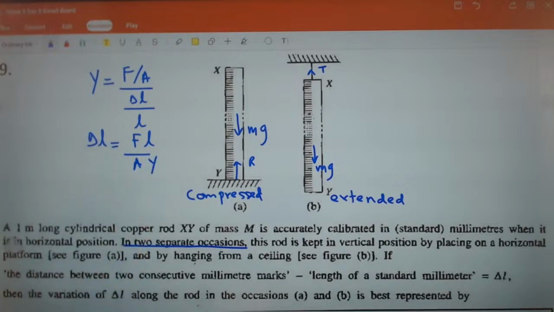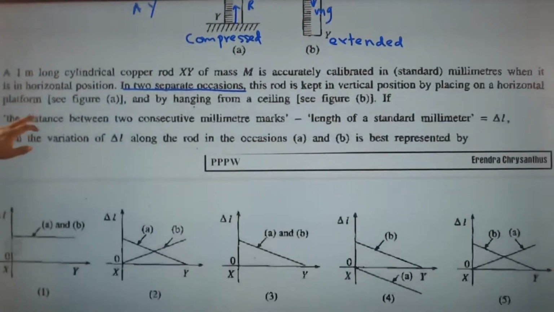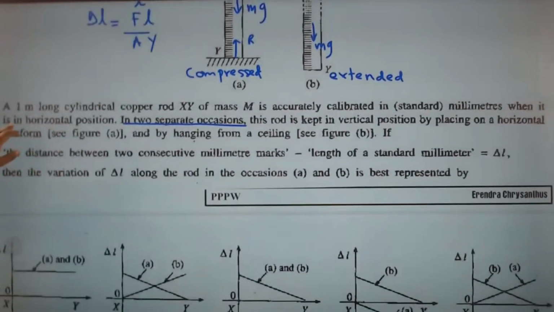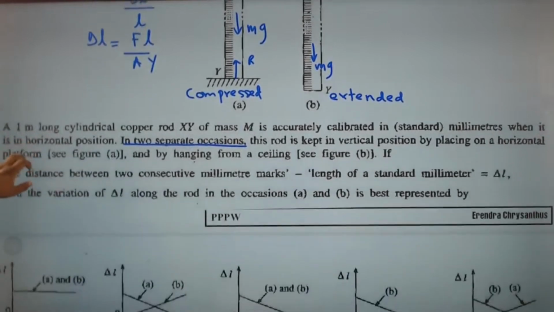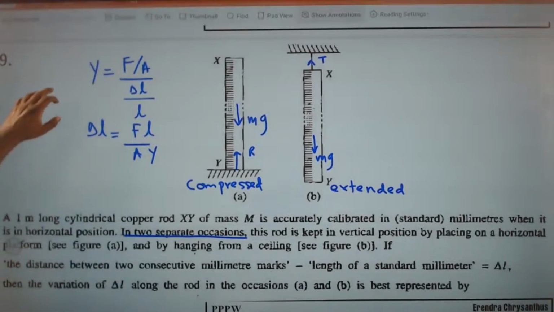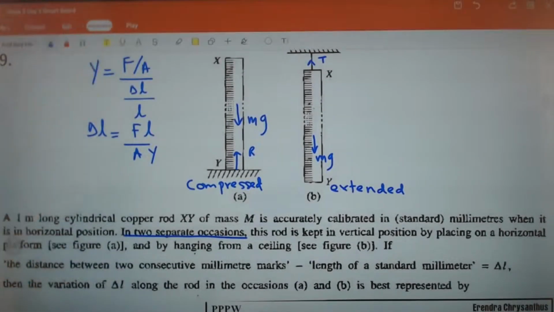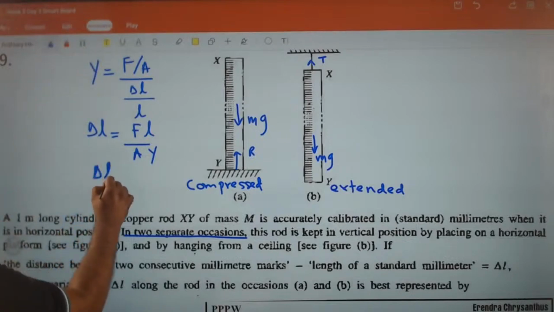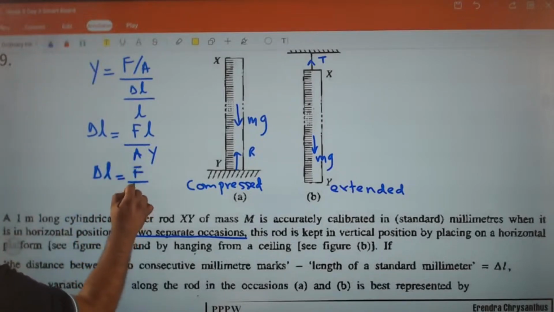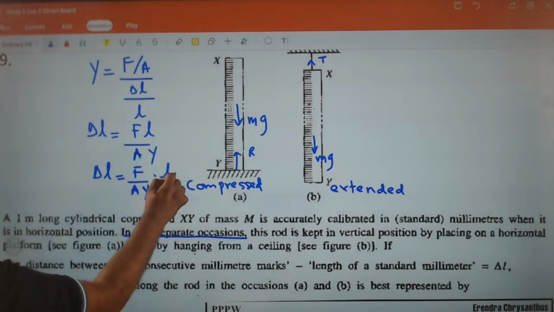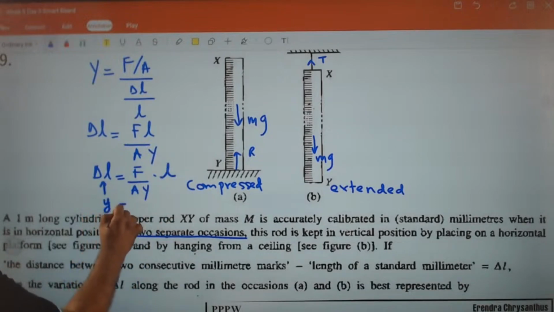So your graph is given between what? Delta L and position along the rod, along L. Here delta L equals F over A Young's modulus times L, y is equal to mx.